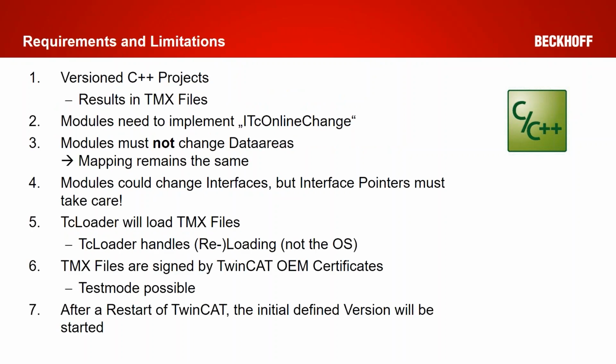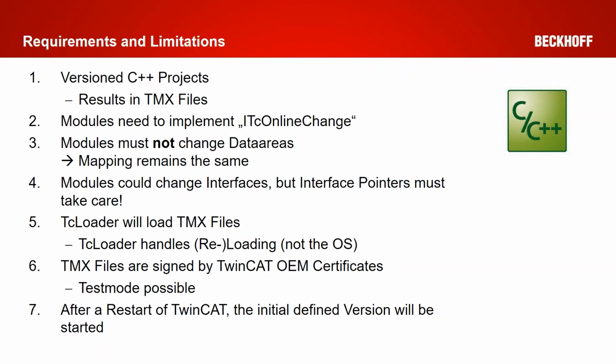Requirements and limitations. If you would like to have an online changeable object in TwinCAT, you need to have a versioned C++ project below that. Because we are changing between different versions, this is the reason that you need to have a versioned C++ project, which is a new project template with 4024.